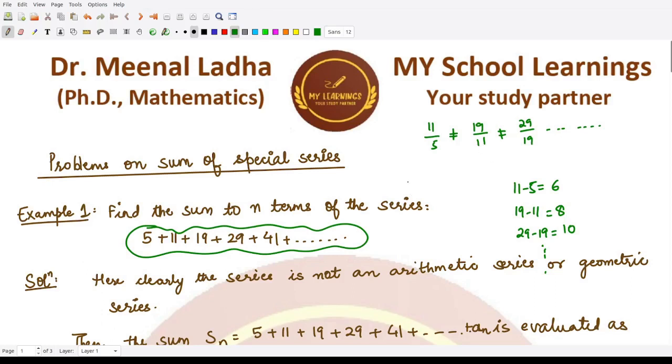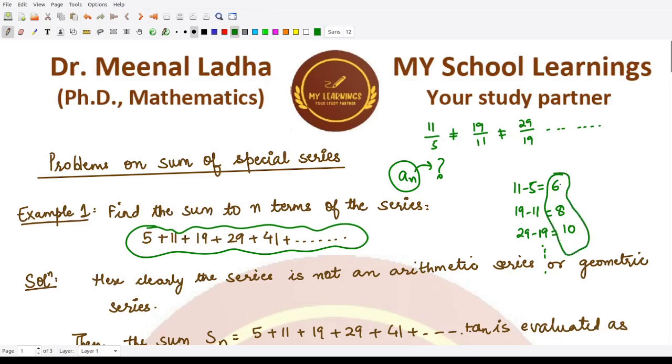Another thing, we can make use of the nth term. Do you find a pattern from which you can calculate what your nth term is, or do you see any other kind of pattern apart from calculating this an? This is the thing that you need to look at here. You can very clearly see the differences here are in AP.